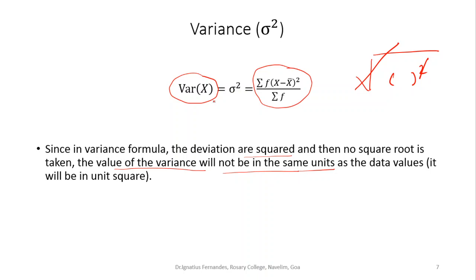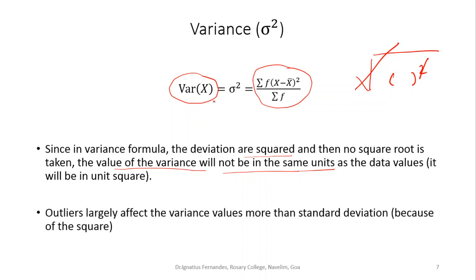As a result, in variance the squared deviation will have a higher impact on the final value, unlike in standard deviation, because you take the square root later. So in the case of outliers, outliers will have a very huge impact on the variance values because there is no square root taken, and as compared to variance, standard deviation has a lesser impact from these outliers.